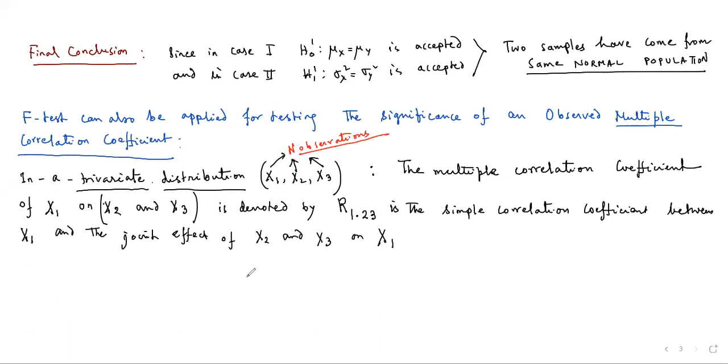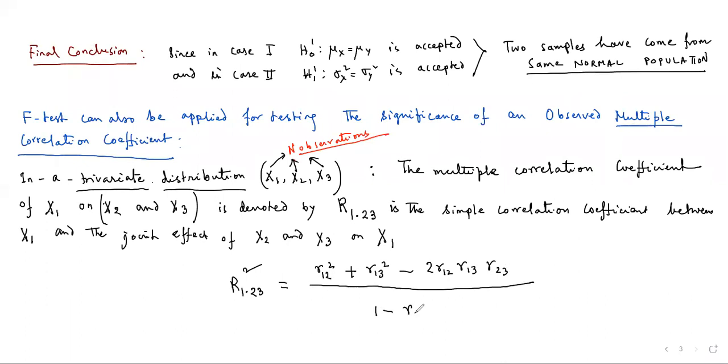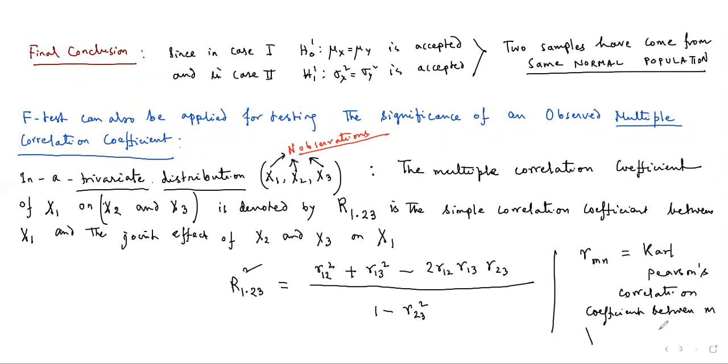And this multiple correlation, R1.23 square, the formula is given as R12 square plus R13 square minus 2 R12 R13 R23, divided by 1 minus R23 square, where Rmn is the Karl Pearson's correlation coefficient that we have studied already between m and n.